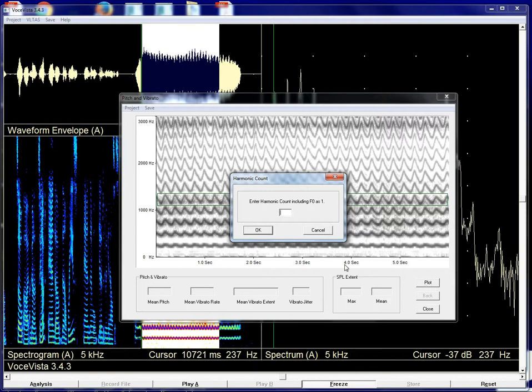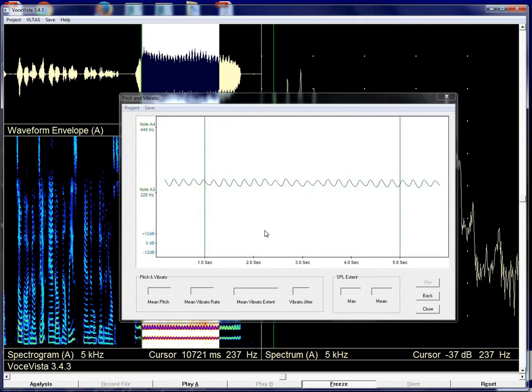Now I just say plot, and instead of having to indicate which harmonic, there's a little dialogue that pops up and asks you. So I'm going to say, okay, that's the fifth harmonic, and that's important because it then uses that information to do some of the frequency calculations.